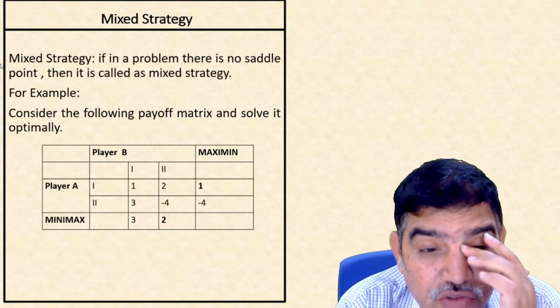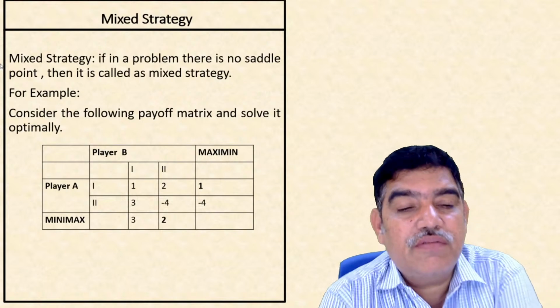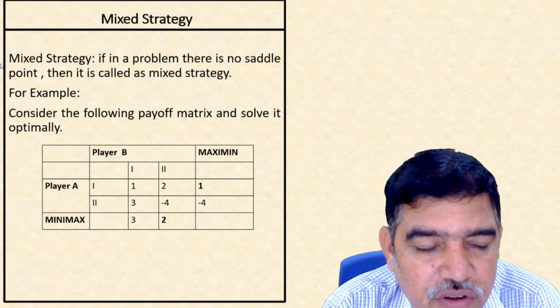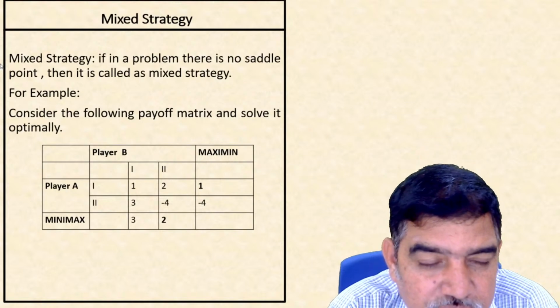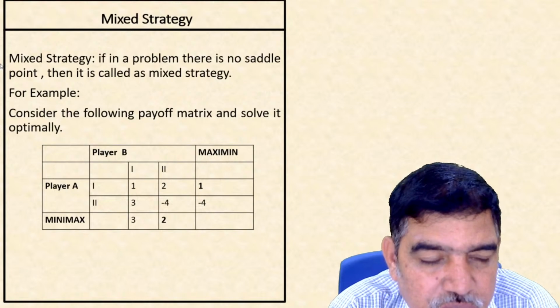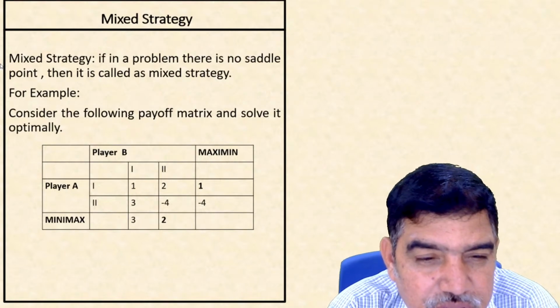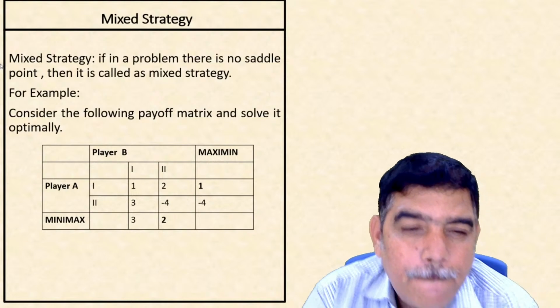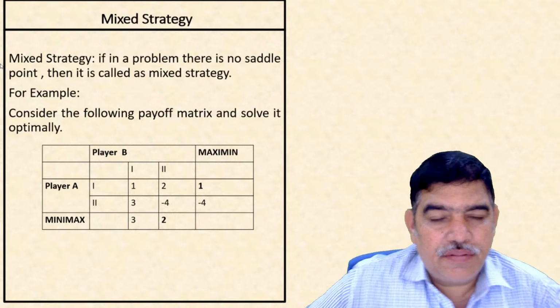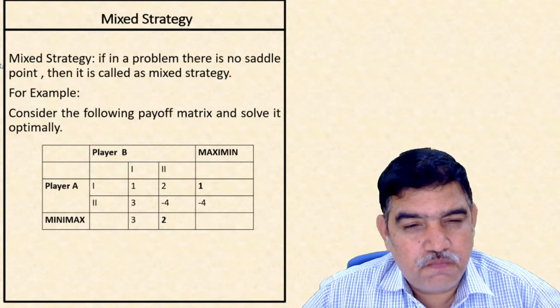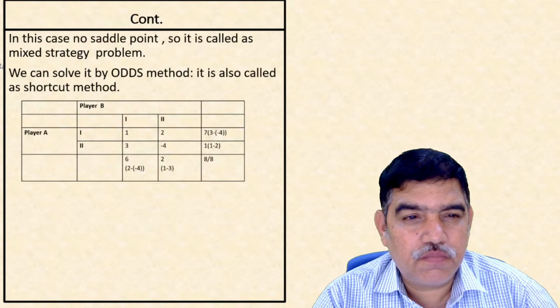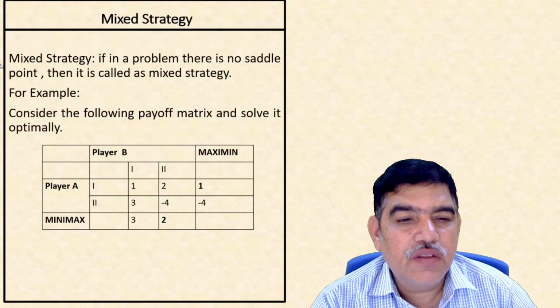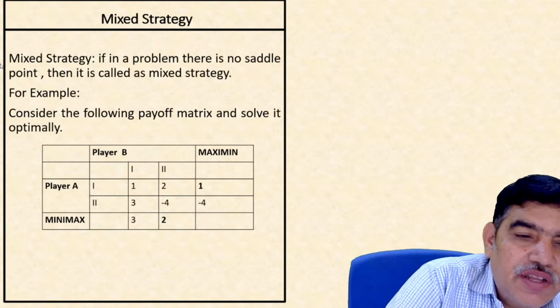Then 3 minus 4, minus of minus 4, that is positive, so it becomes minus 4.